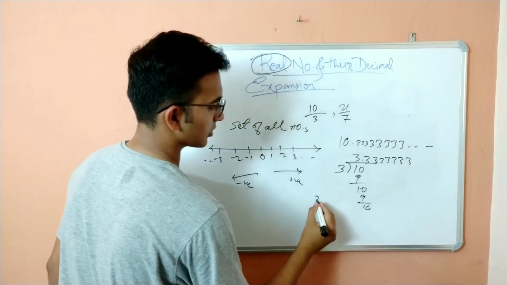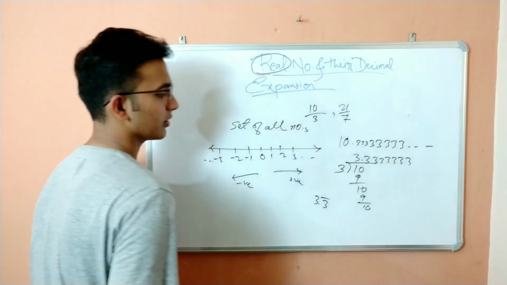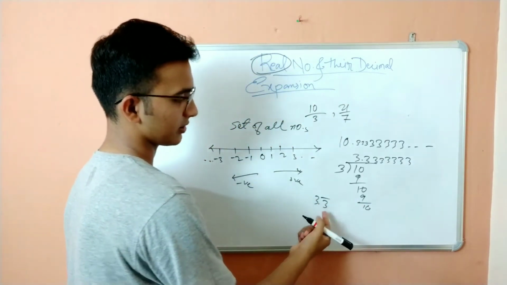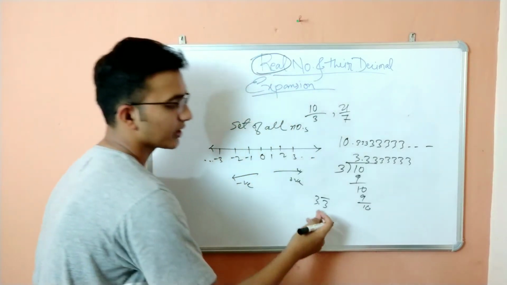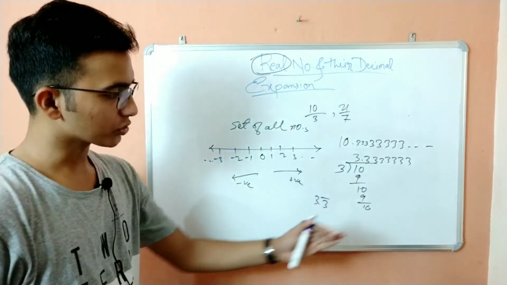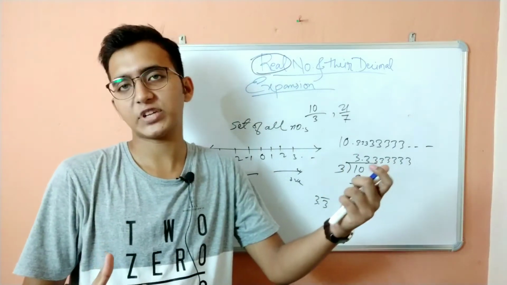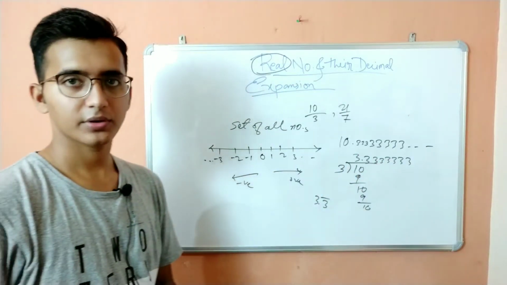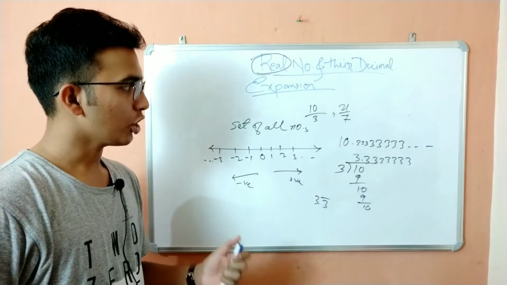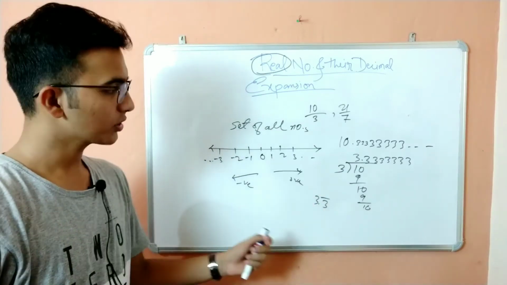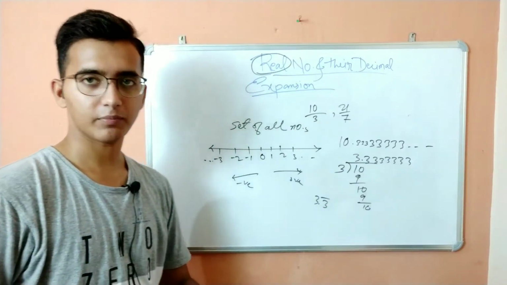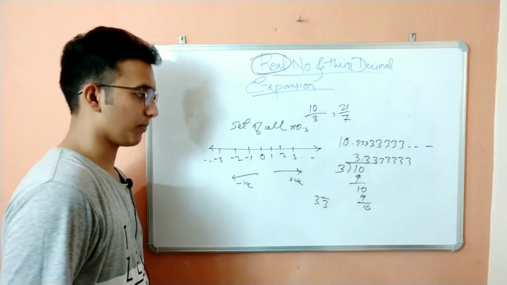So I can write 3.3 bar. That means this 3 over which the bar is there, this 3 continues, this 3 goes on till where? Till infinity. It doesn't stop. They are not finite terms. You can just go literally to infinity. It will not stop.